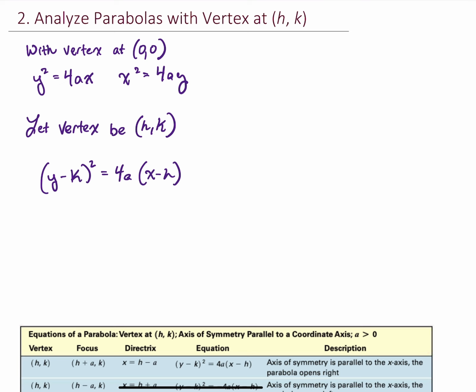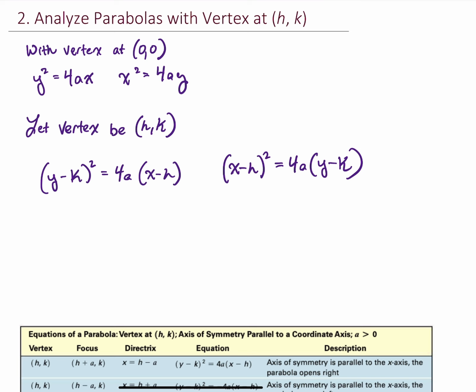So that would be one case where it's opening to the left or to the right. Or the other version would be x minus h squared equals 4 times a times y minus k.